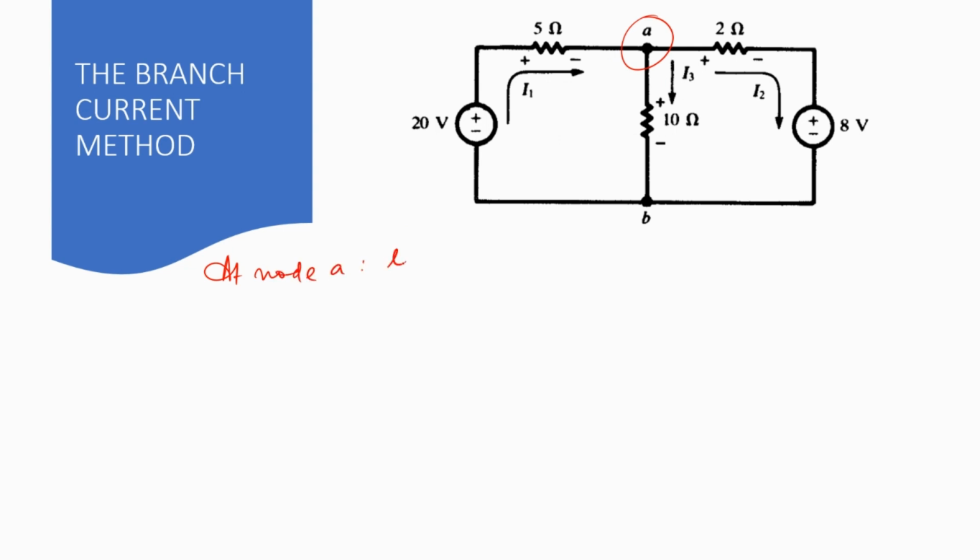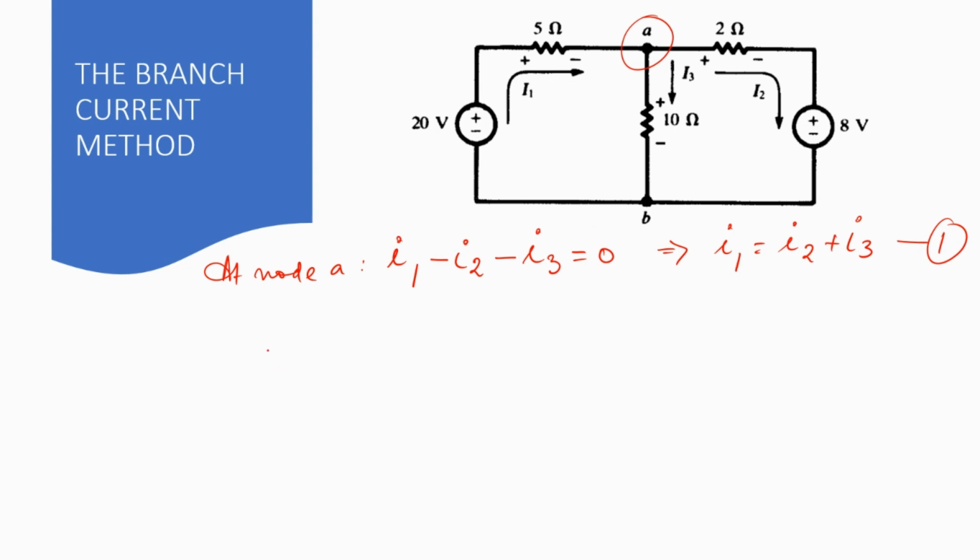So we know that I1 is incoming, so plus I1 minus I2 because it is going out of node A and minus I3 going out of node A is equal to 0. So we can say therefore that I1 is actually I2 plus I3. So this is my first equation.